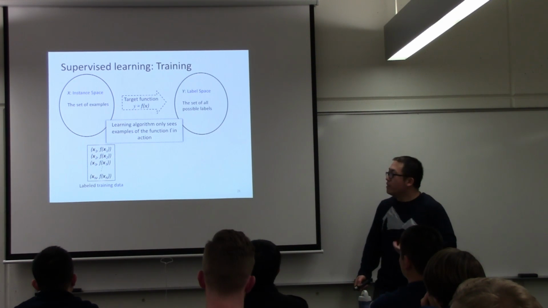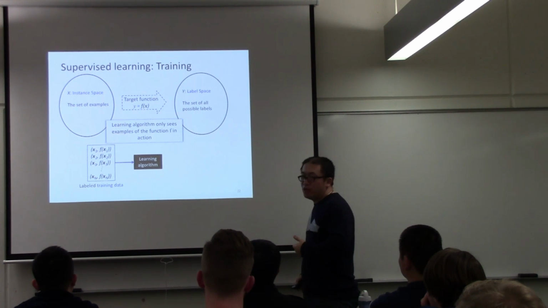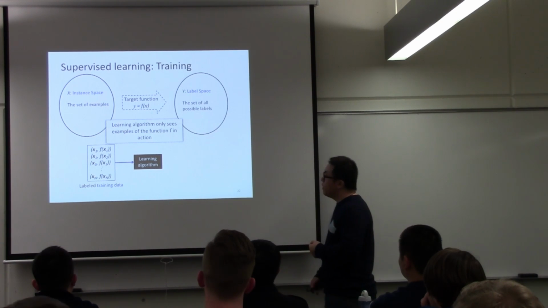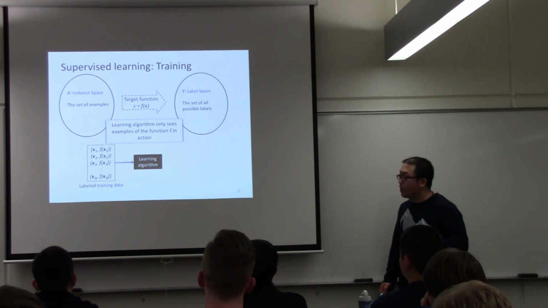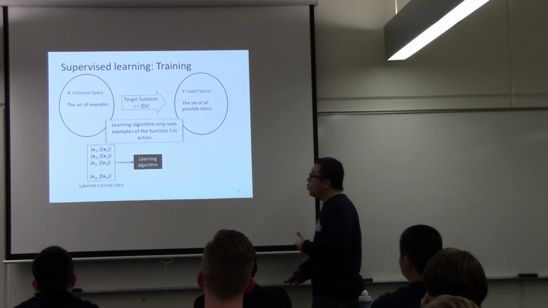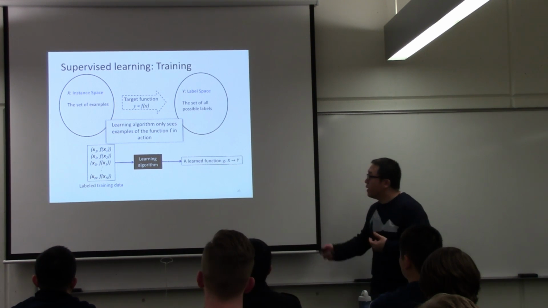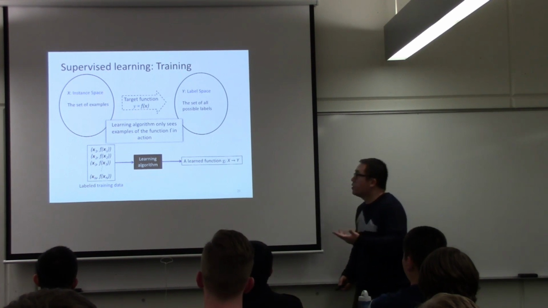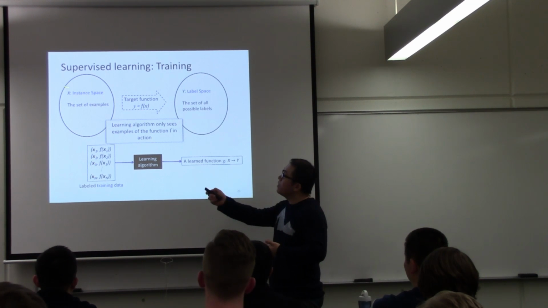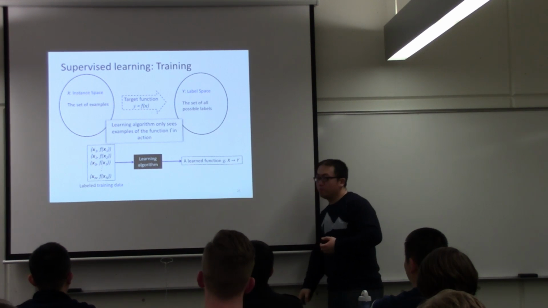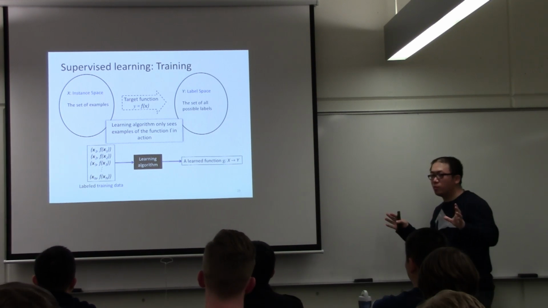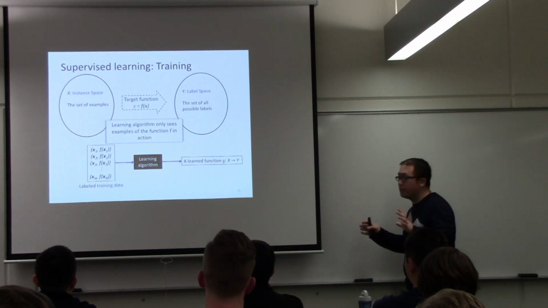Then we feed this labeled training data to our learning algorithm. And after the execution of our learning algorithm, we expect it can produce a learned function, which is also a mapping between the instance space and the label space. So this is the whole protocol for supervised learning.